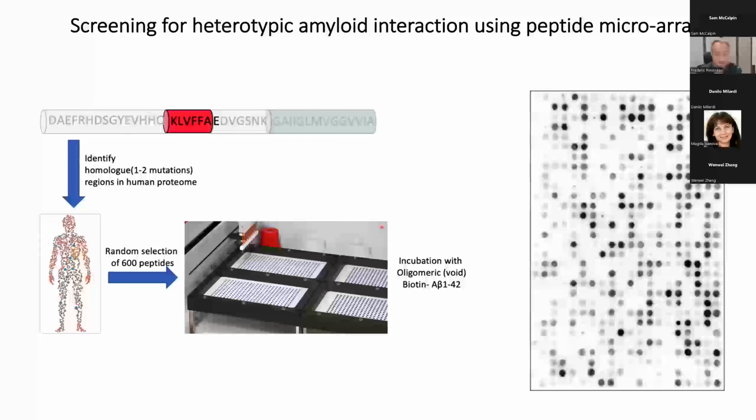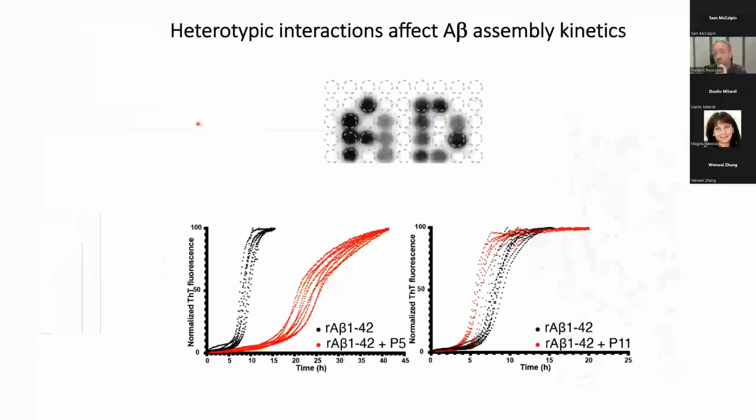She incubated those microarrays with biotin-labeled A beta 42, so we could detect on which spots A beta was sticking and which not. All these spots are a maximum of one or two mutations away from the red region here. You can see that many interact, and many also don't.